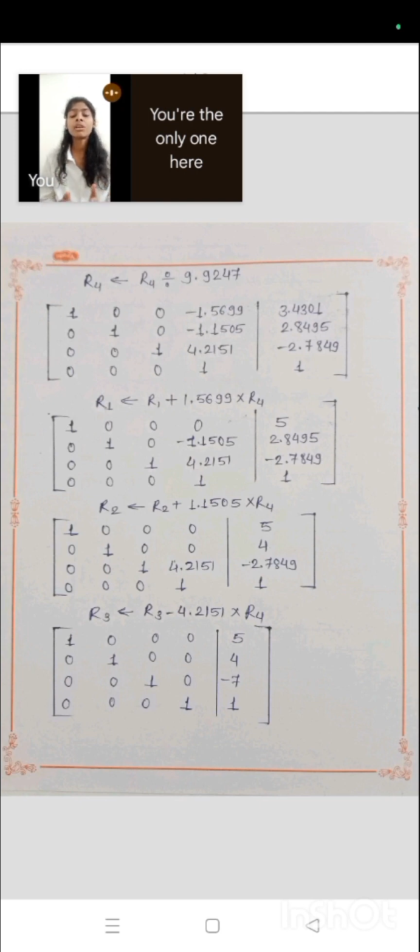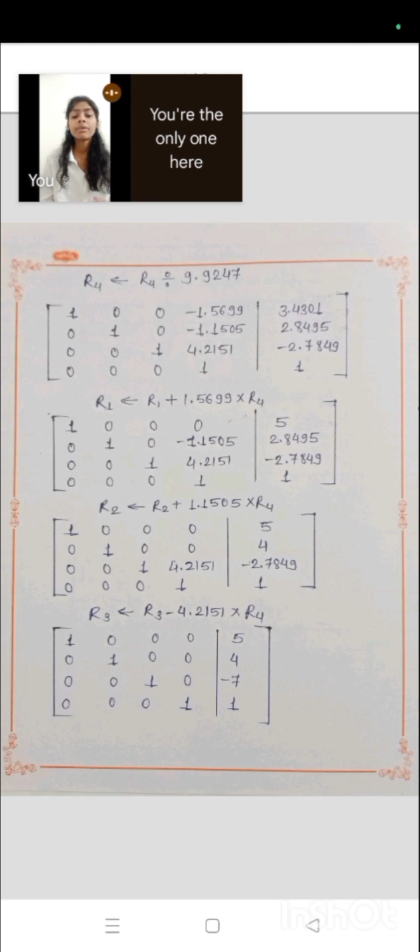And again in column 2, R1 value is 0 plus 1.5699 into R4, and R4 value is 0, so the value will be 0. In column 3, R1 value is 0 plus 1.5699 into 0, so again 0.